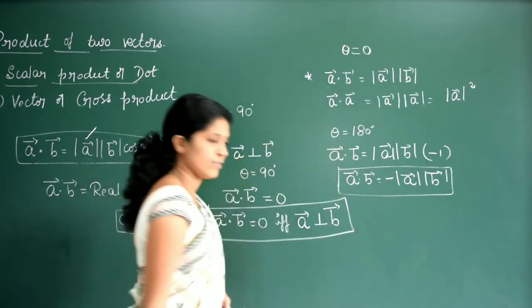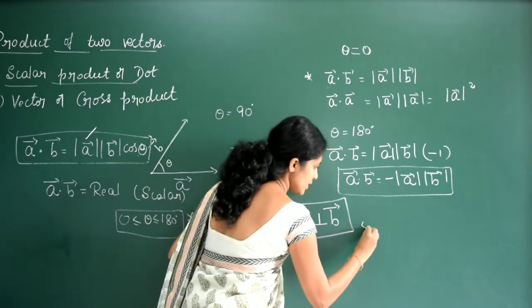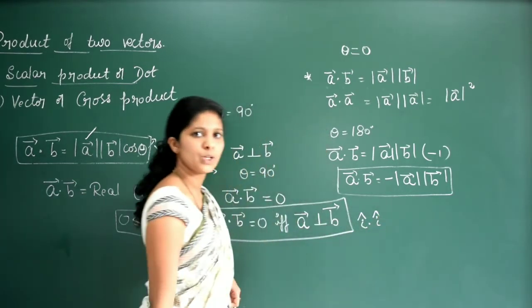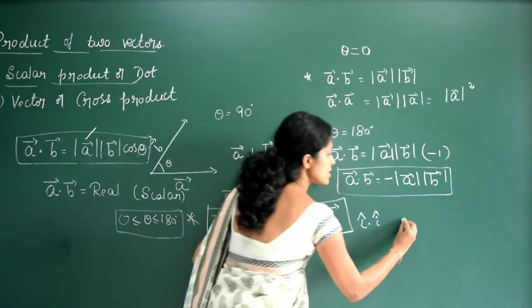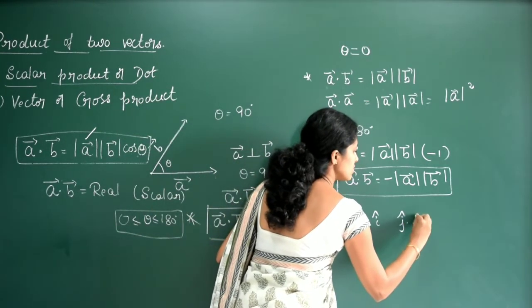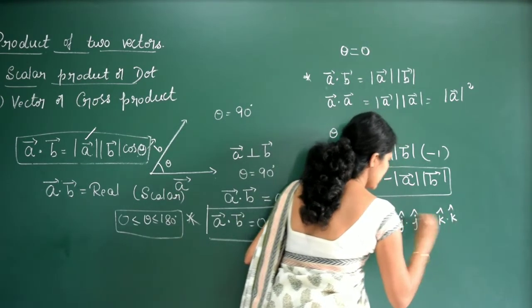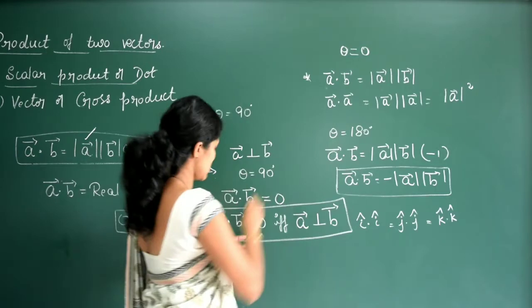One more important one. See, if I write the dot product of I cap dot I cap will be equal to, or J cap dot J cap, K cap dot K cap will be equal to, you know this one.